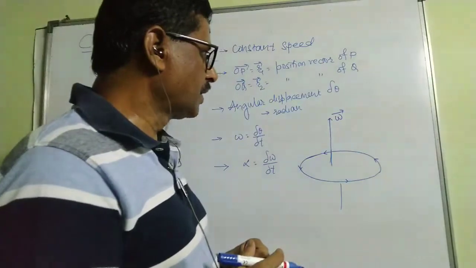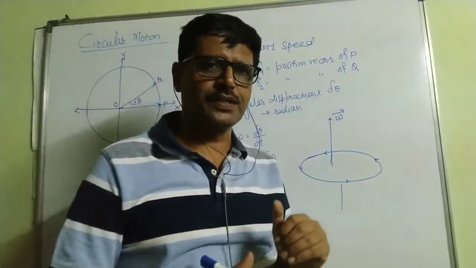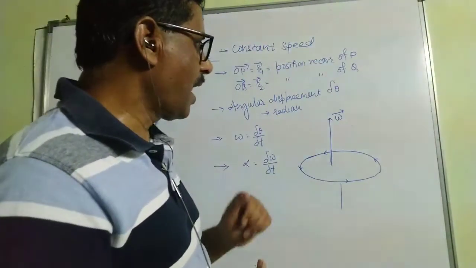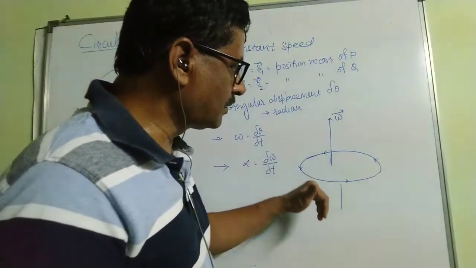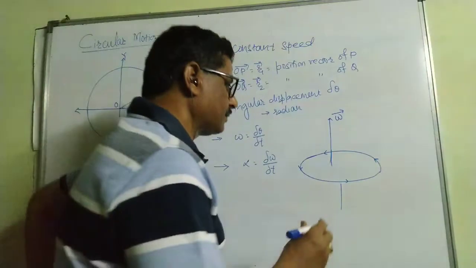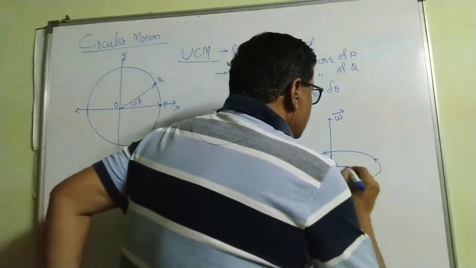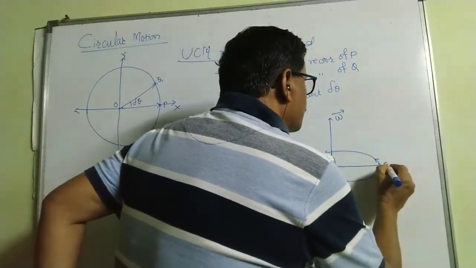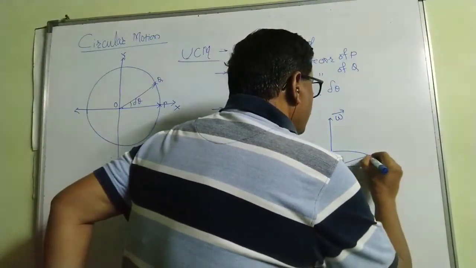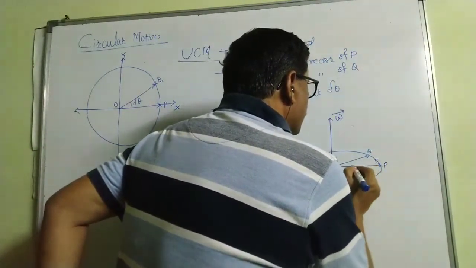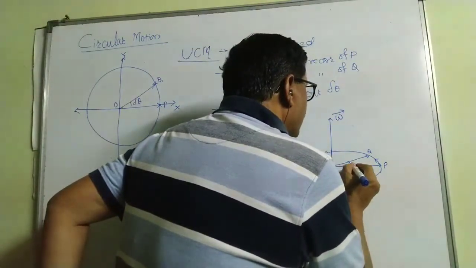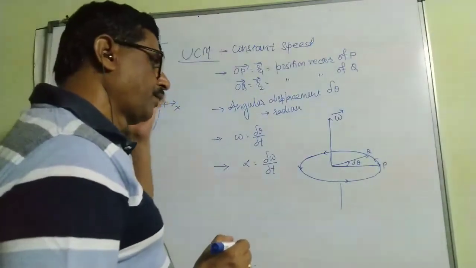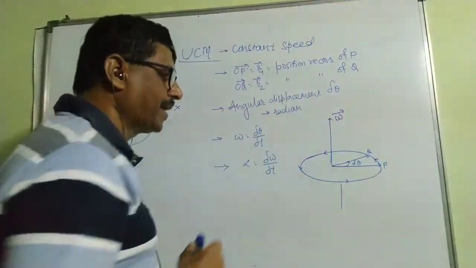If the circular motion takes place in a clockwise direction, angular velocity will be in a downward direction. This is the displacement of the particle from P to Q through a small angular displacement del theta with an angular velocity omega.